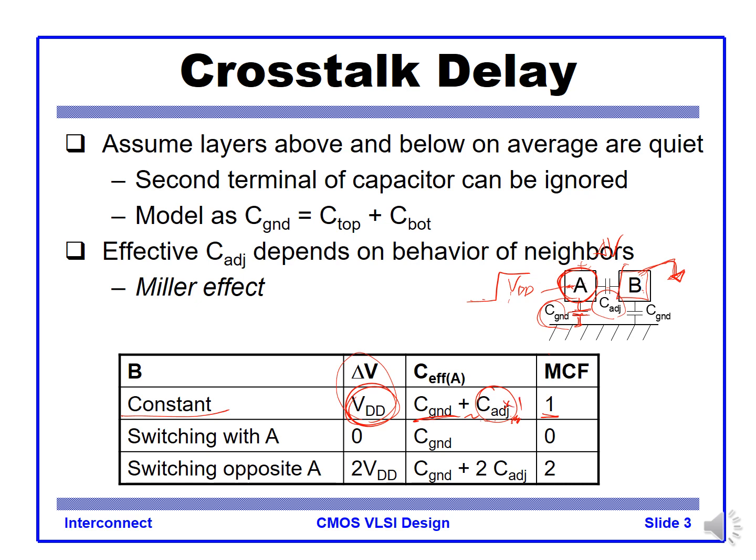So the adjacent capacitance is just seen as it is, so the multiplication factor is 1. The next effect is when you have A and B toggling at the same time, so delta V is always 0. Then the gain from A to B is 0, so there's no Miller effect.